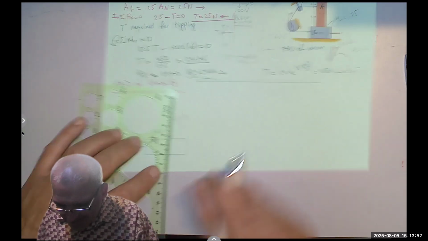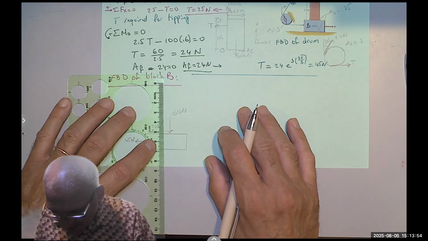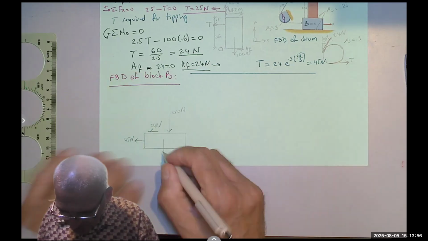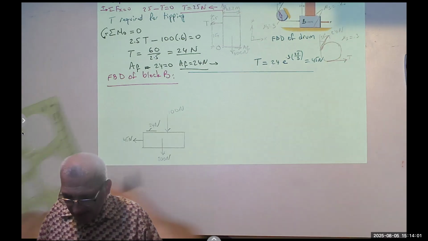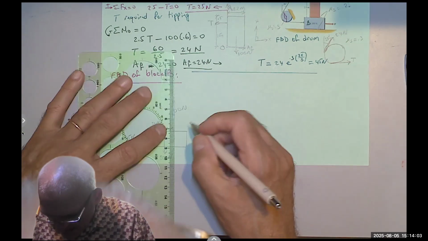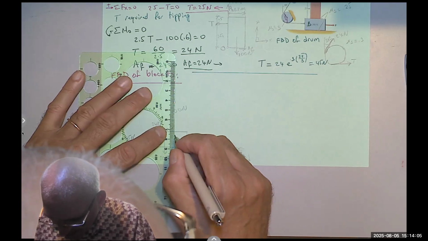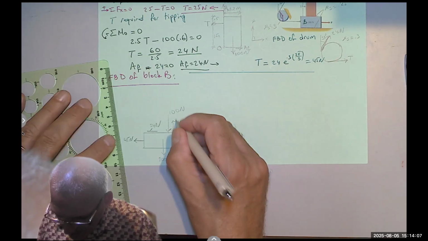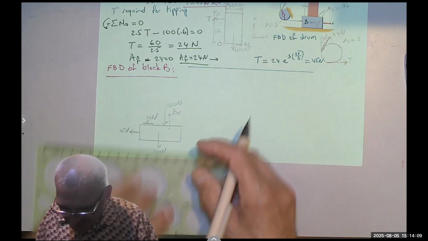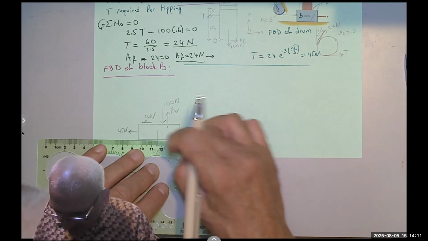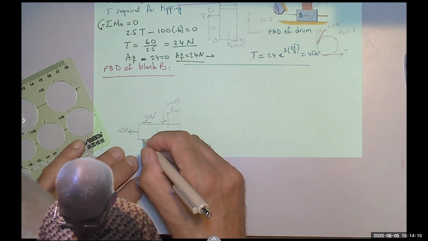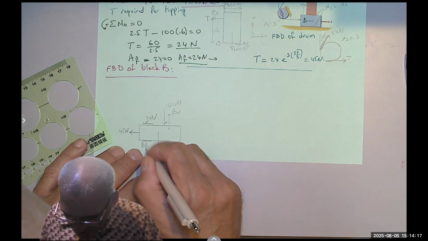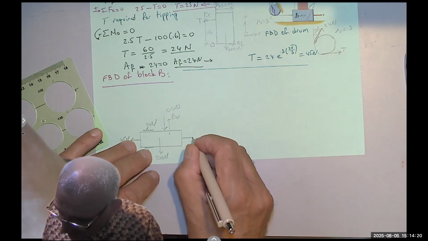I have the weight of the block, which is 200 Newton. And then I have B sub N going up, and B sub F going to the left because I'm going to pull to the right. And both frictions oppose the motion. And then I have P.